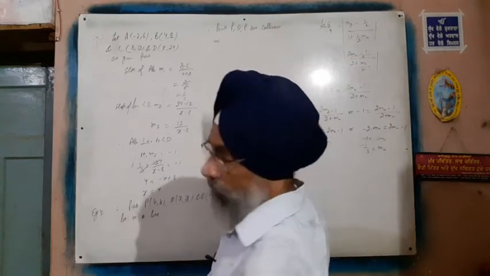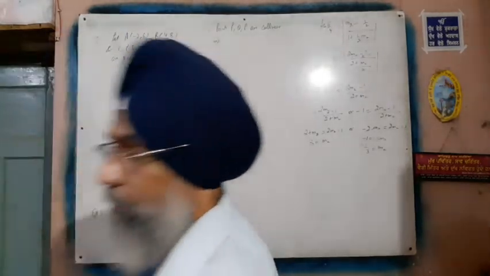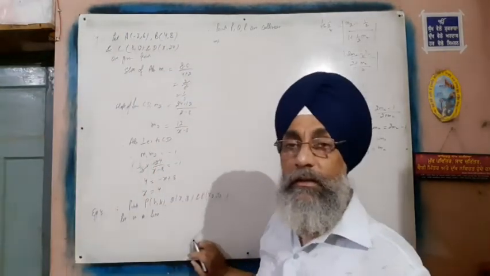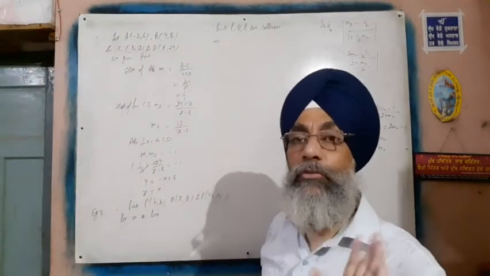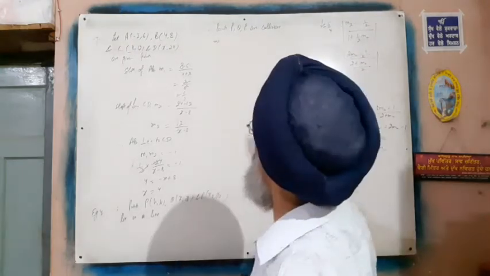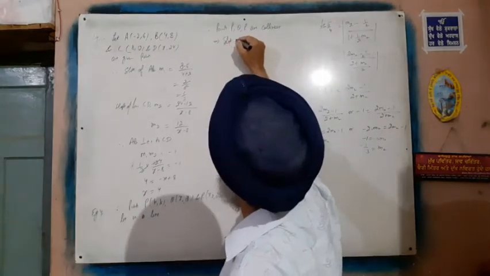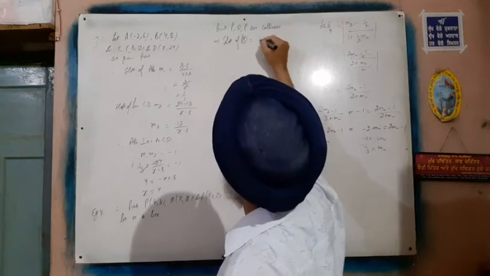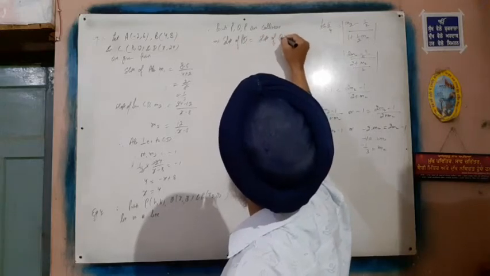It implies, since they are lying on the line, they are collinear. It means that they are lying on the same line. If they are lying on the same line, it means they have the same slope. Therefore, slope of PQ is equal to slope of QR.